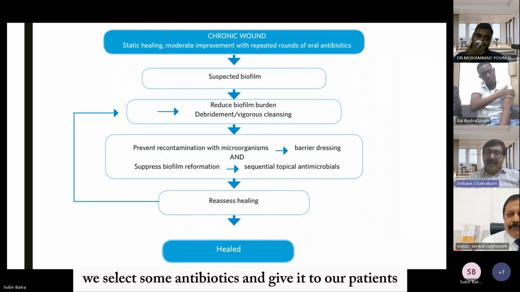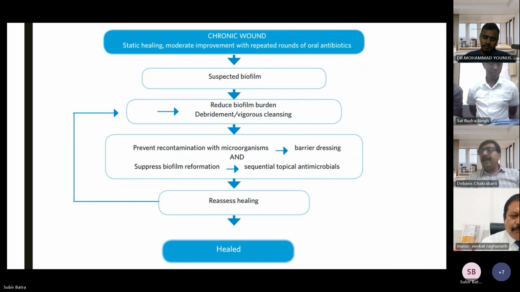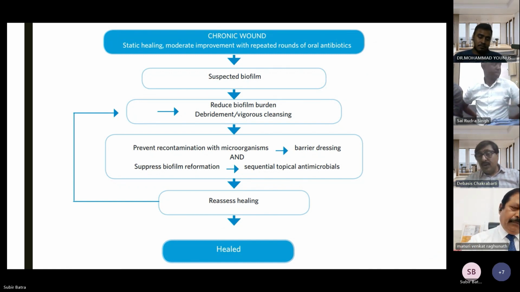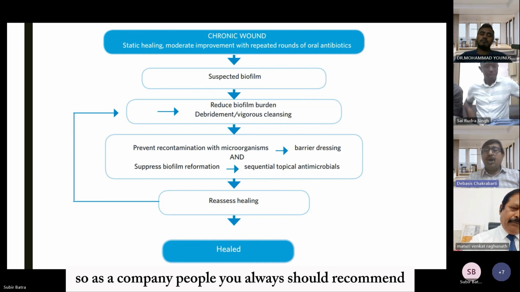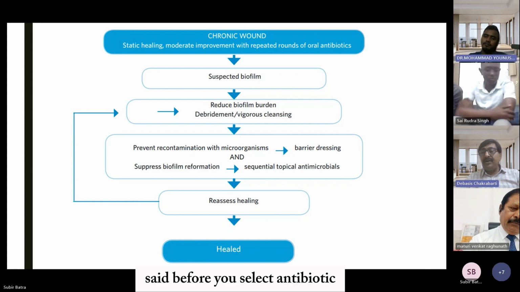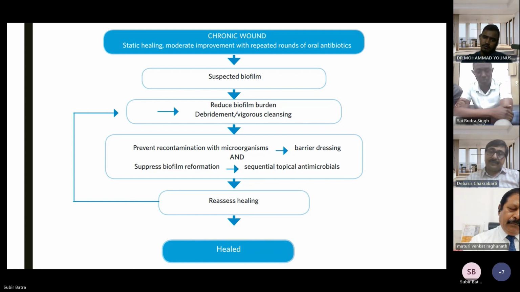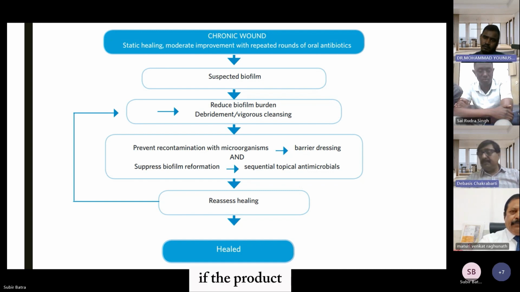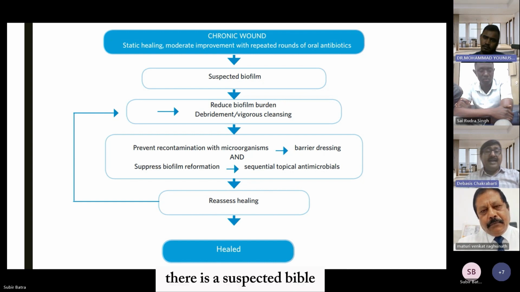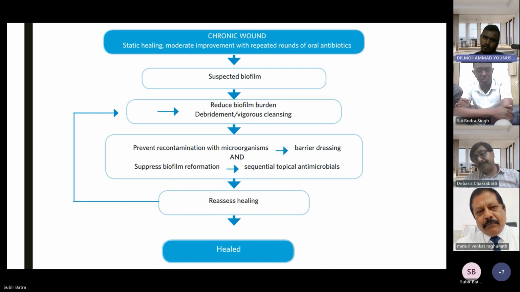We select some antibiotics and give them to our patients. A chronic wound is not an emergency. So as company people, we should always recommend to the doctor, sir, before you select the antibiotic, do a sensitivity test. If the wound is not responding, there is a suspected biofilm.